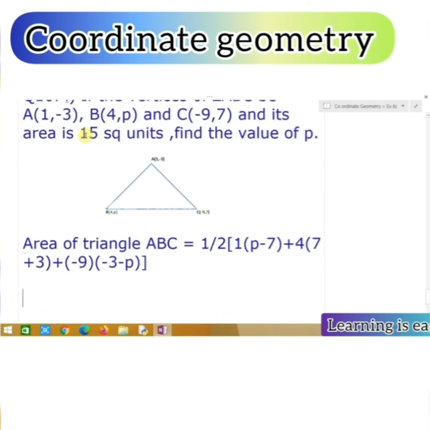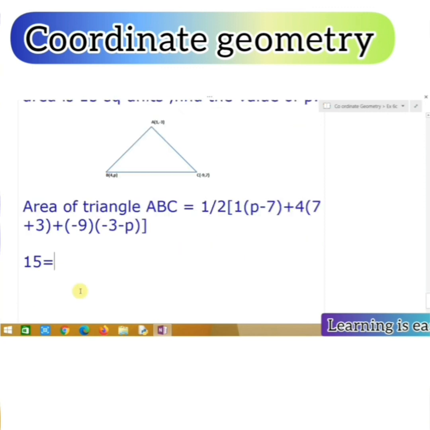That's LHS. So 15 equal to half into (P minus 7) plus 7 plus 3 is 10. So 4 into 10, 40 plus 27. 9 3s are 27 plus 9P. Minus into minus is plus 9P. So 2 goes off to LHS.